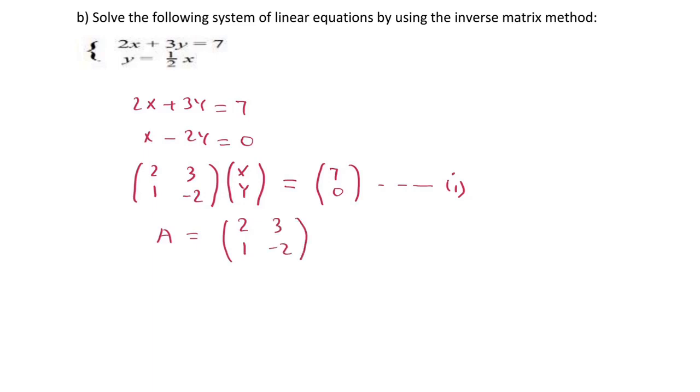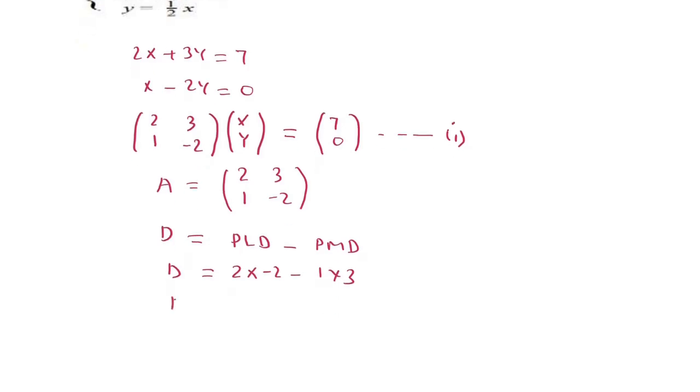To find the inverse of matrix A, first we find the determinant. The determinant equals the product of the leading diagonal minus the product of the main diagonal. So determinant equals 2 times negative 2 minus 1 times 3, which after solving equals negative 7.